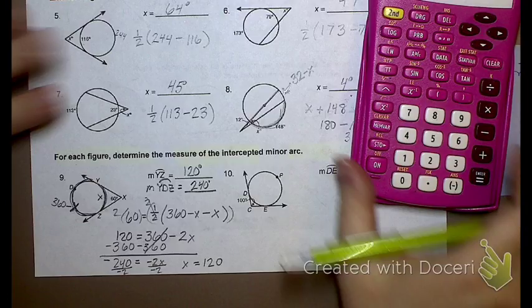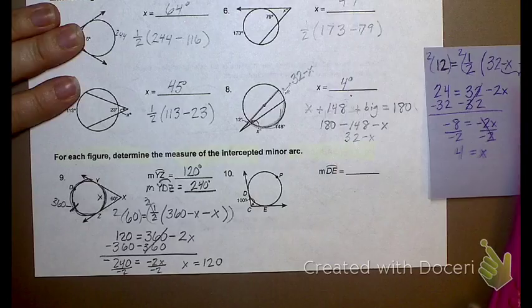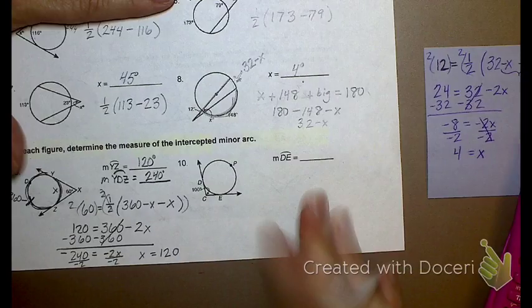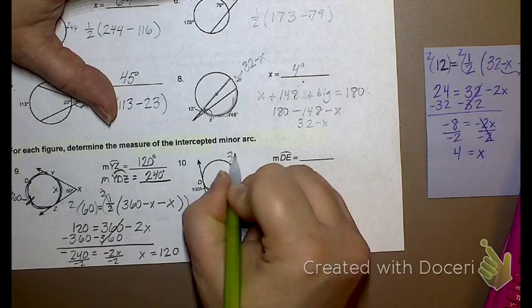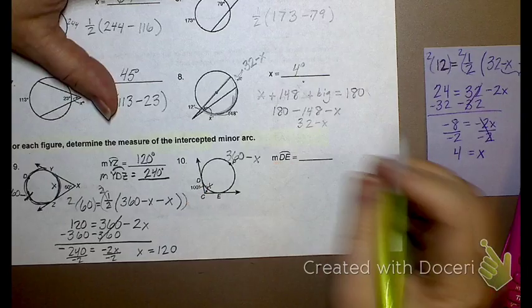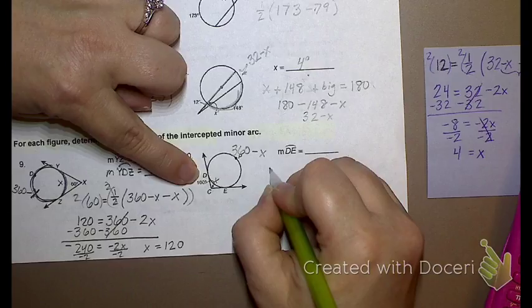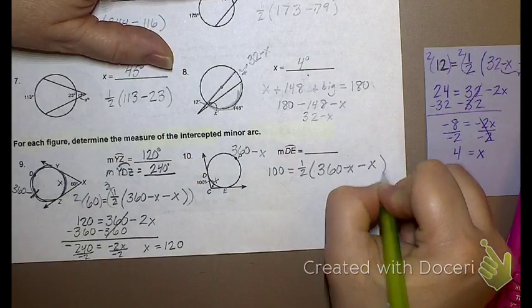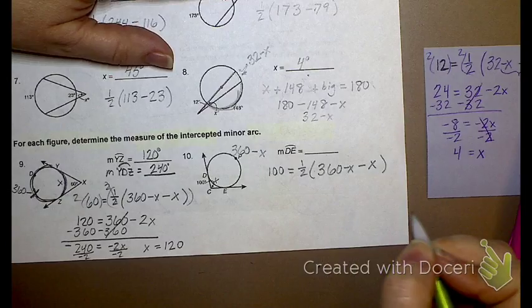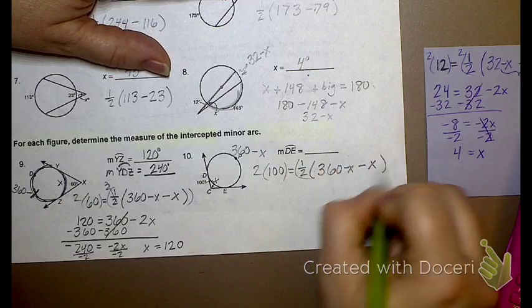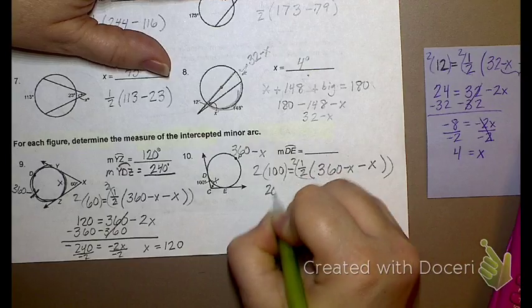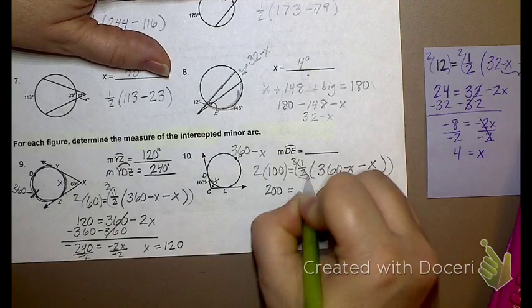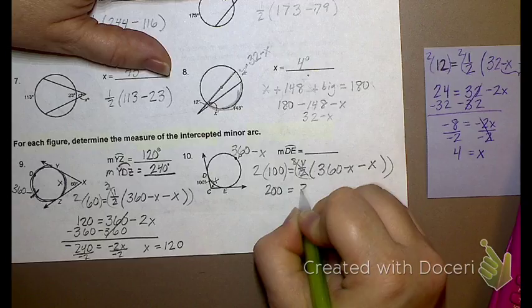All right, last one, the measure of arc DE. I'm going to call that x, which makes this arc 360 minus x. So 100 degrees is equal to 1/2 of the big arc minus the small arc. I can multiply by 2. So I get 200 equals 360 minus 2x.